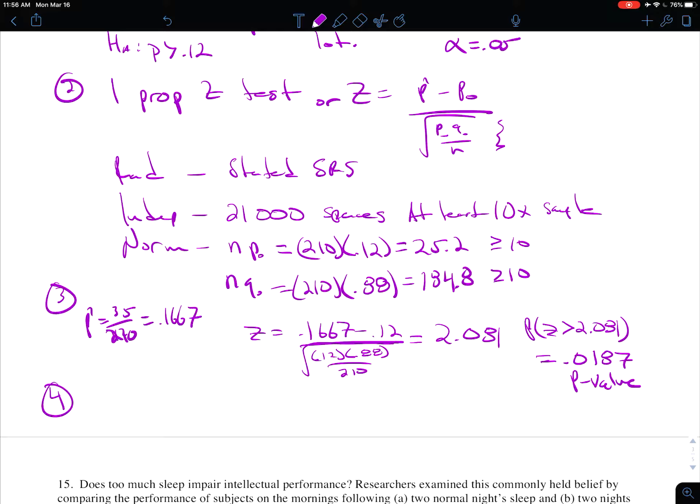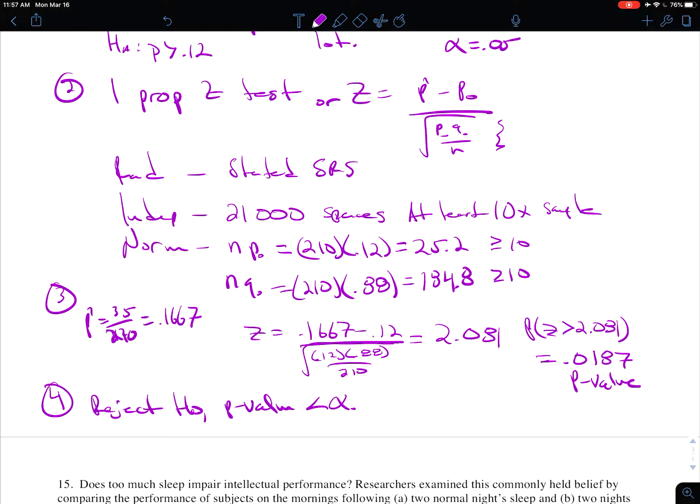So step 4, the conclusion, is we are going to decide that we are going to reject the null because the p-value is less than alpha. And you want to make sure that you state that that's why you are rejecting the null, that the p-value very specifically is less than the alpha level, and when the p-value is low, reject the H0.